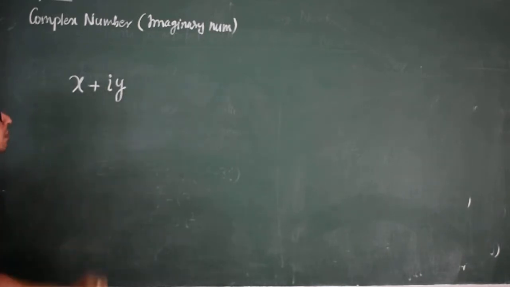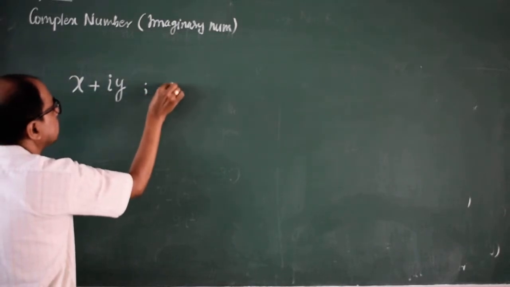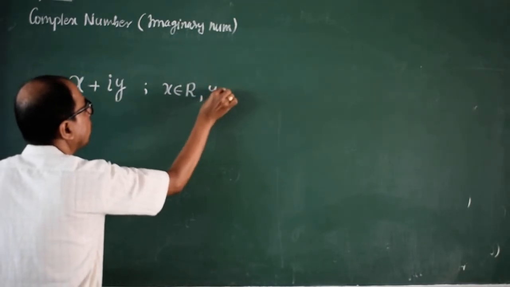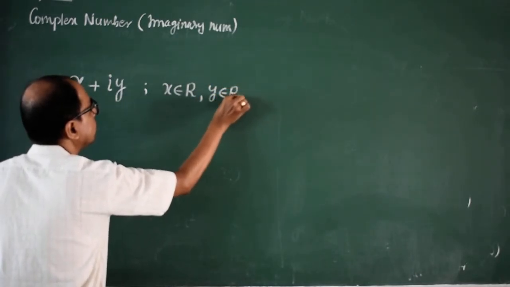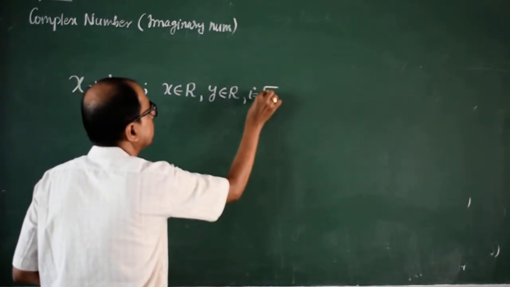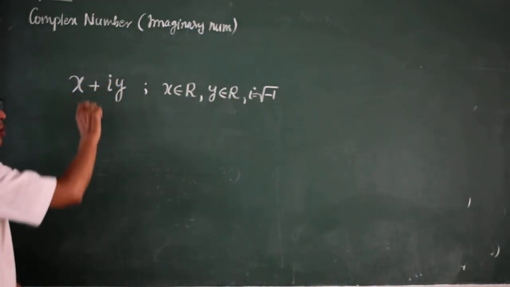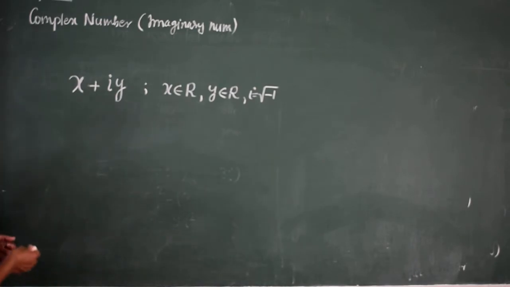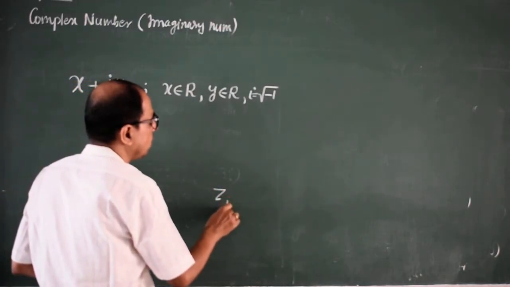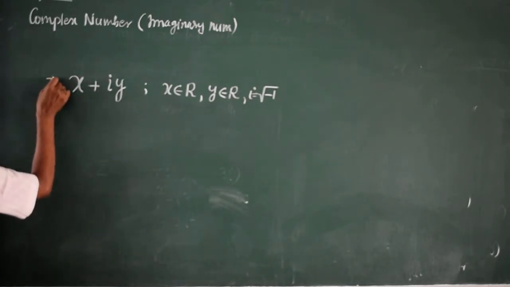The number which can be put in this form x plus iota y, where x is a real number, y is also a real number, and definitely iota is equal to the square root of minus 1. So this type of number is known as a complex number, and for representing complex numbers, generally we use z, omega. Clear? So let us denote this complex number by z.